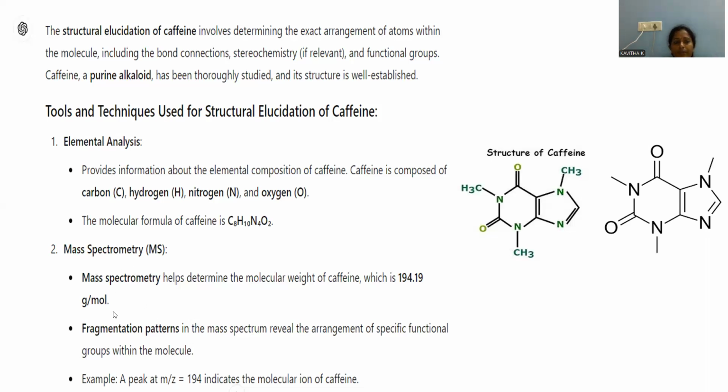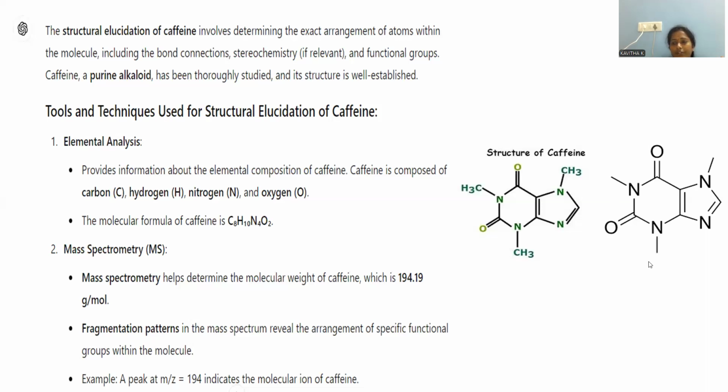Mass spectroscopy. Mass spectroscopy helps to determine the molecular weight of caffeine. So, according to mass spectroscopy, its molecular weight is determined as 194.19 gram per mole. 194.19 gram per mole is the molecular weight for this molecule. Fragmentation pattern.